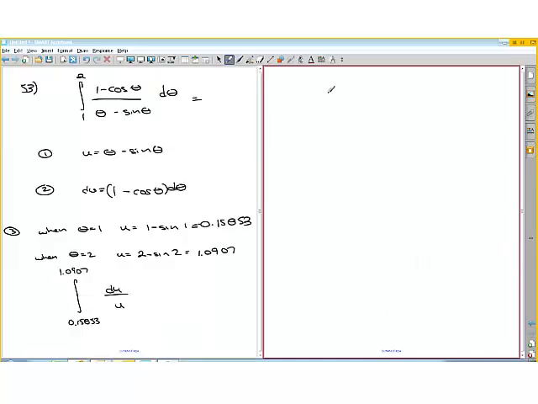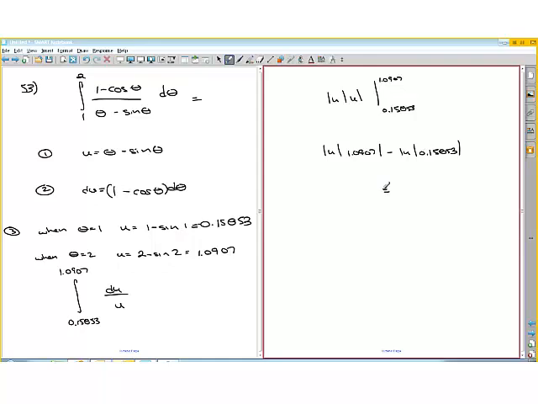So we integrate that, we get the natural log of the absolute value of u evaluated between 0.15853 and 1.0907. So that's the natural log of 1.0907 minus the natural log of the absolute value of 0.15853.